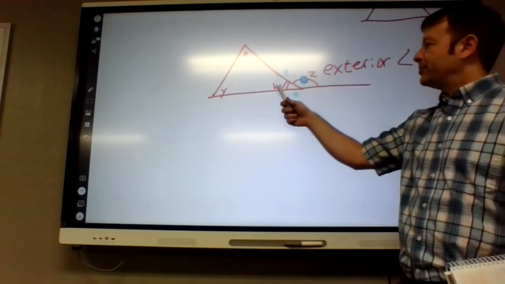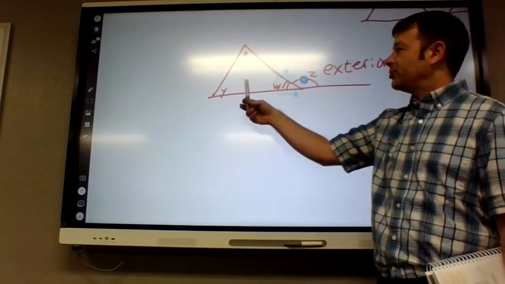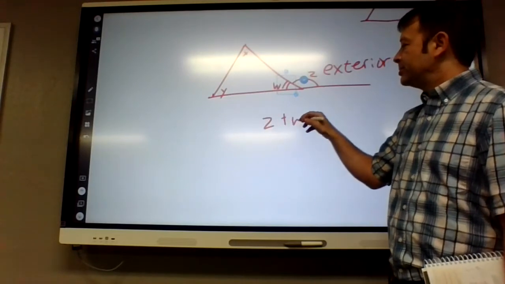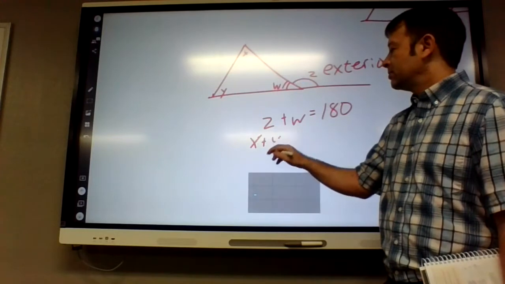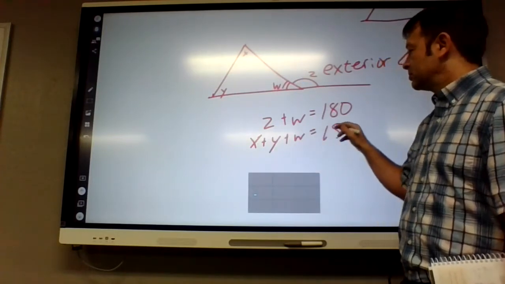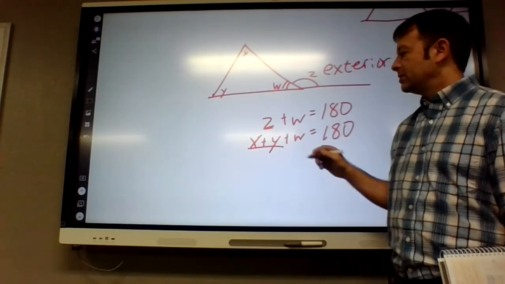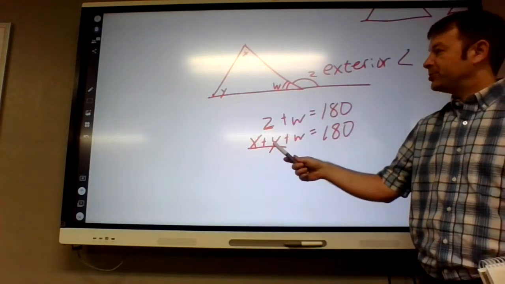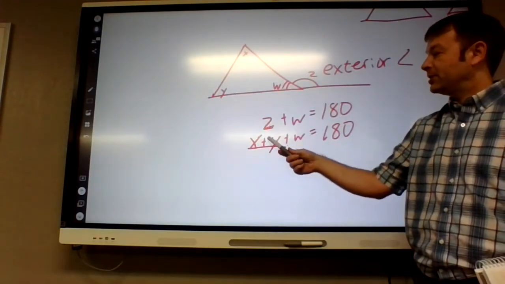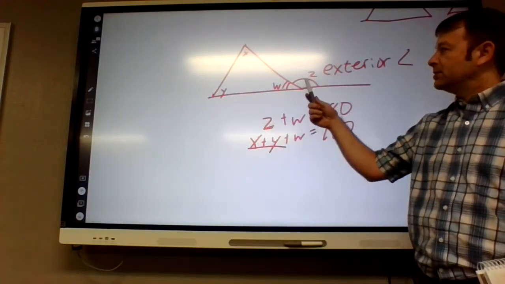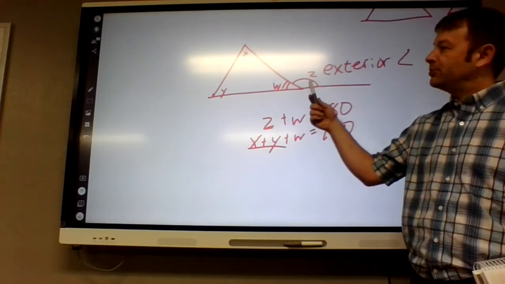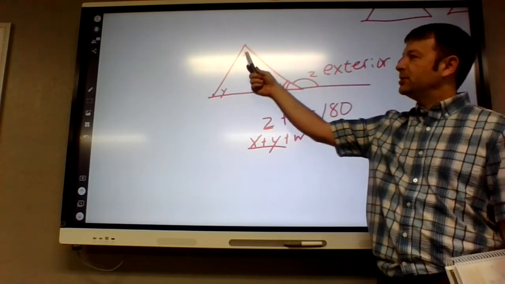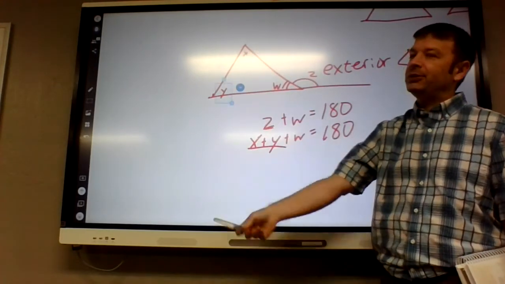If Z and W add up to 180, and X, Y, and W add up to 180, then Z and X plus Y must be the same thing. So an exterior angle of a triangle is equal to the sum of the remote interior angles.